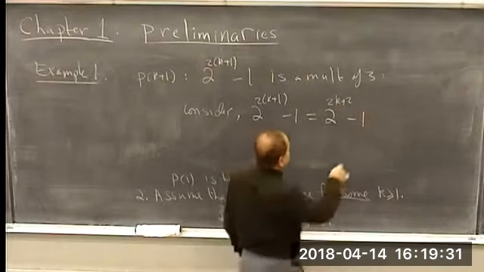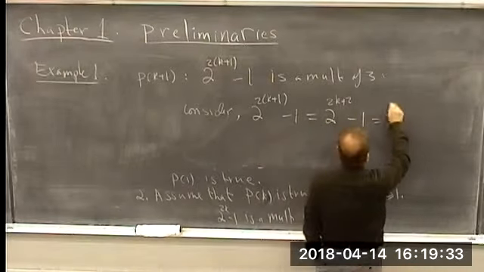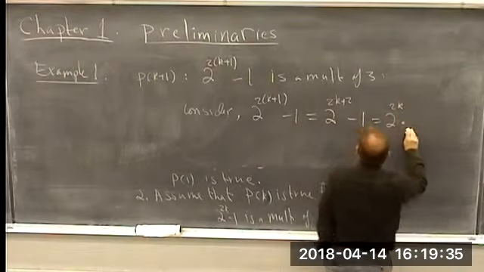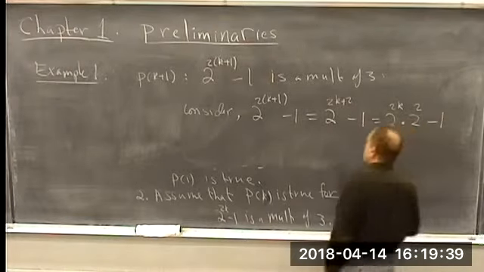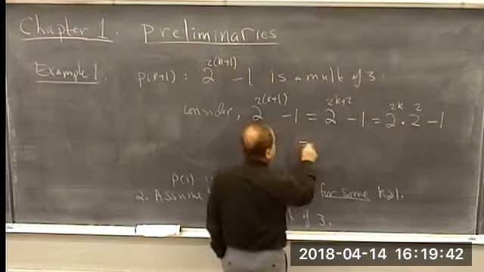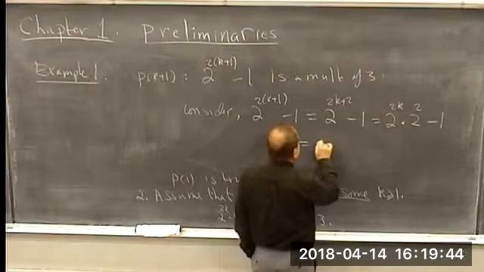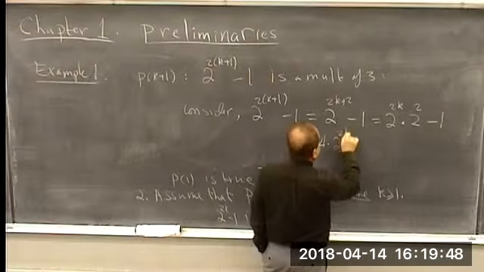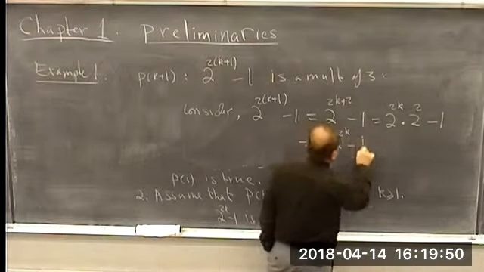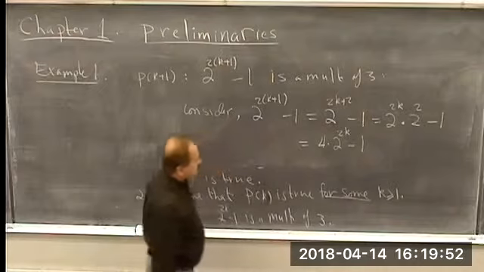And I can rewrite this as 2 to the power 2k multiplied by 2 squared, using properties of exponents. And this is equal to 4 multiplied by 2 to the 2k, minus 1.